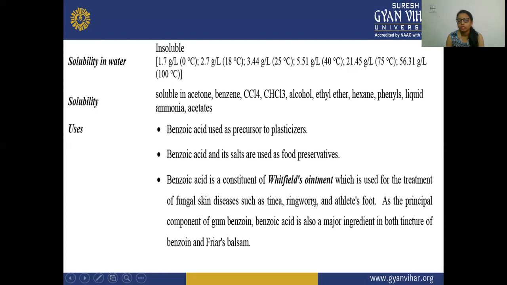Ringworm is also an infection on your feet or your scalp. Benzoic acid is a principal component of gum benzoin, and it also plays a major role in both tincture of benzoin and Friar's balsam.